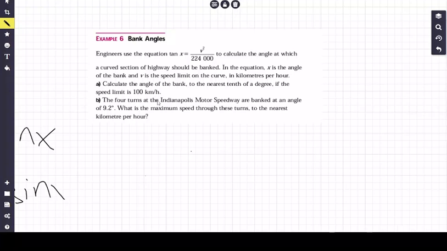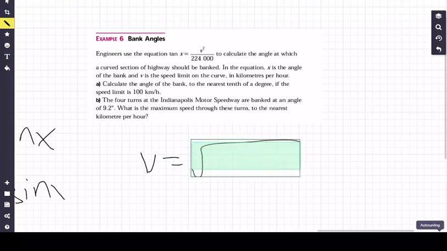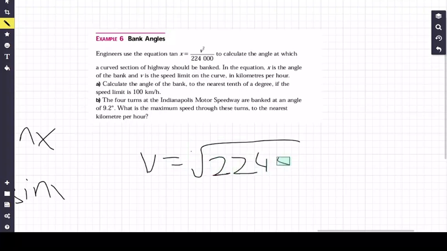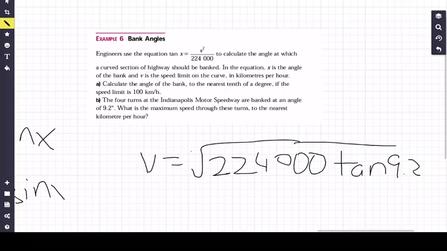Then let's go ahead and isolate for v. So first, tan of 9.2, we're going to leave it very last. So let's isolate for v. So v is going to equal the square root of 224000 times tan of 9.2 degrees.